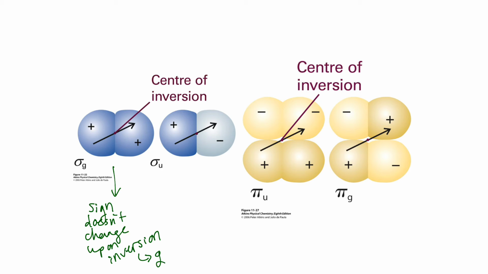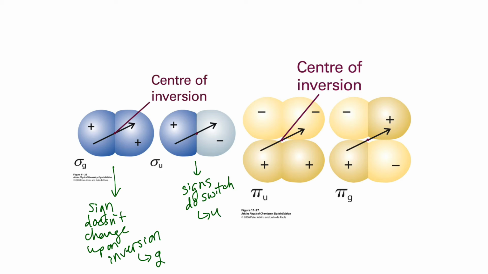In this case, if I flip this molecule inside out, this negative is going to end up over here, and this positive is going to end up over here. So the signs do switch, and that gives you that antisymmetric symmetry, which we label as U.